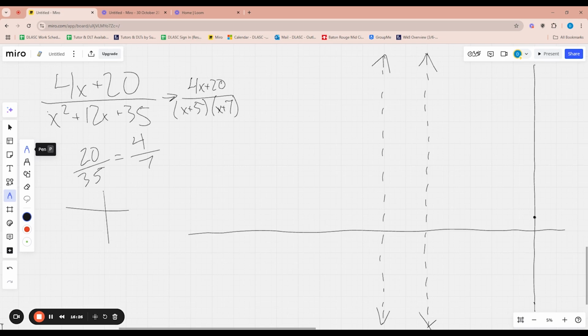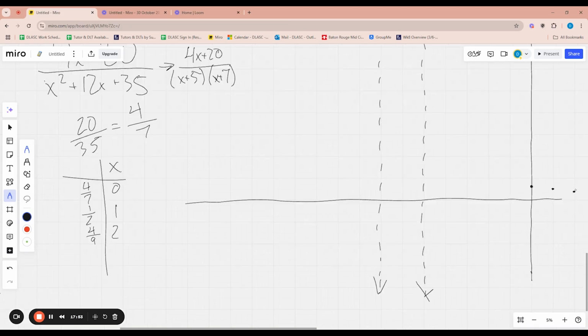Here, I will outline this in a table. So when x is 0, we get 4 over 7. When x is 1, then we'll do 24 over 6 times 8, which is 48. So it's 24 over 48. That is 1/2.